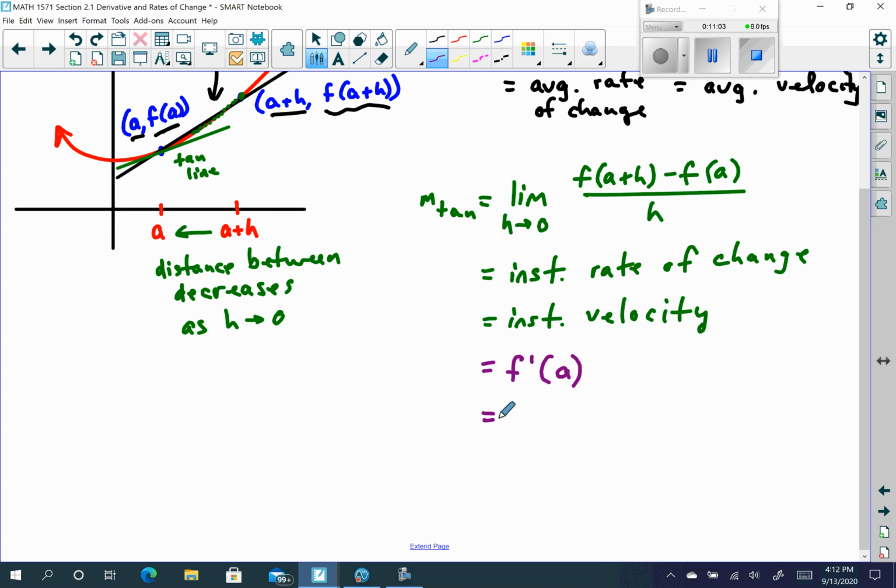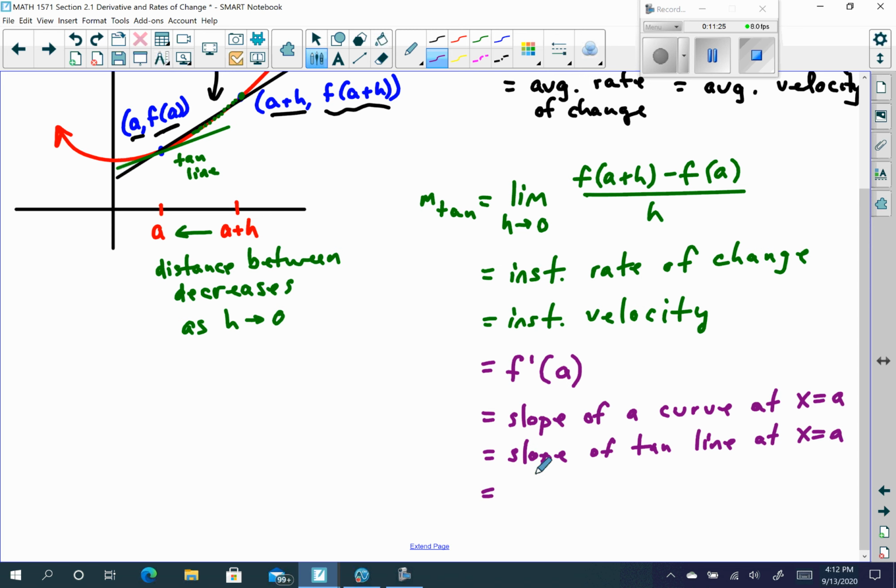So this means it's the slope of a curve at x equals a. It's also the slope of a curve. That phrase means the slope of the tangent line at x equals a.